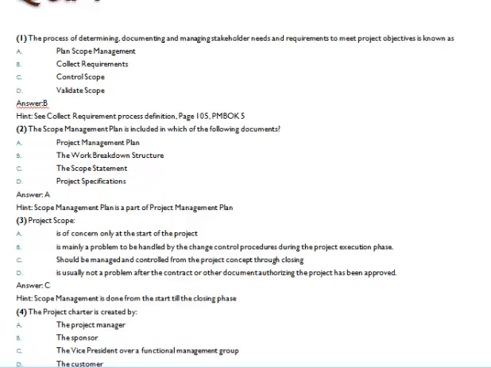Now, I remember what I talked about: collect requirements. In collecting requirements, we are just determining, documenting, and managing the stakeholder needs to meet the project objectives.